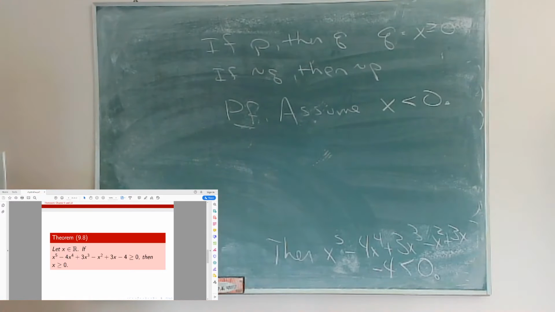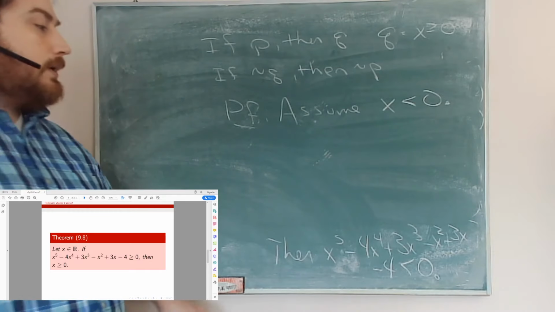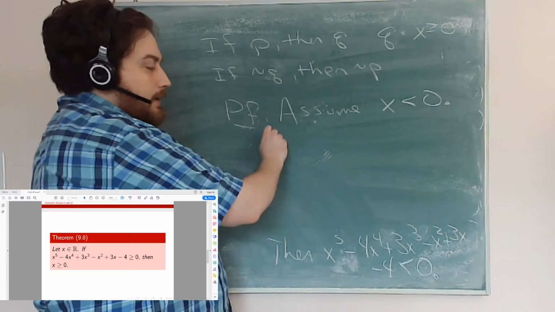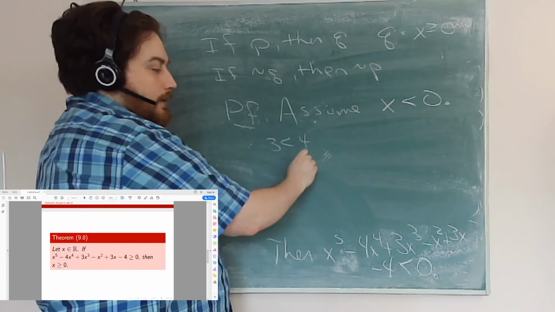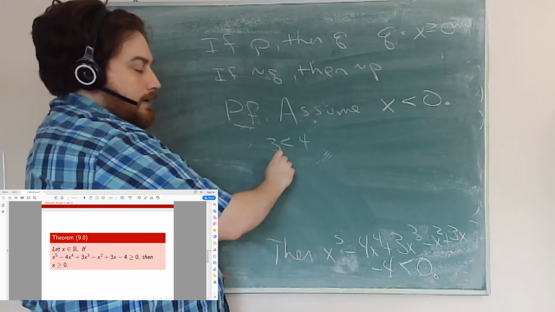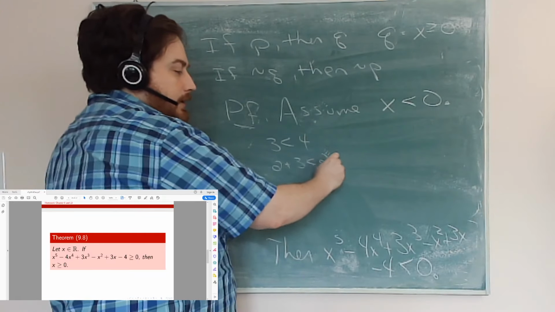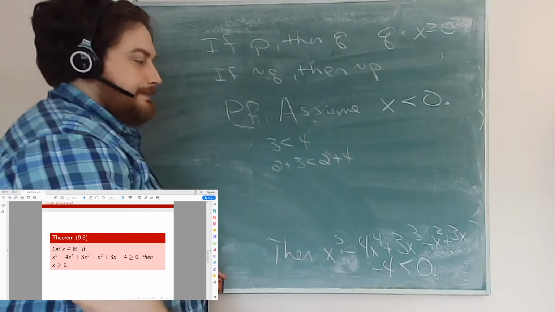All right, any questions in there so far? All right, very good. So now what I want to point out here is that, first off, if I take something like 3 is less than 4, then if I take 2 plus 3, it should be less than 2 plus 4.